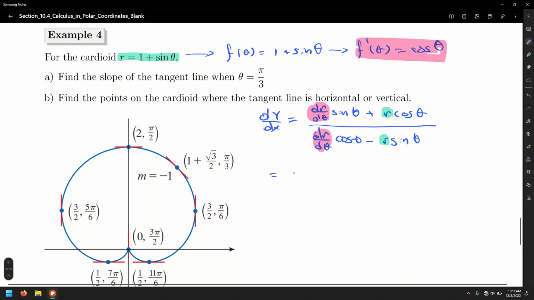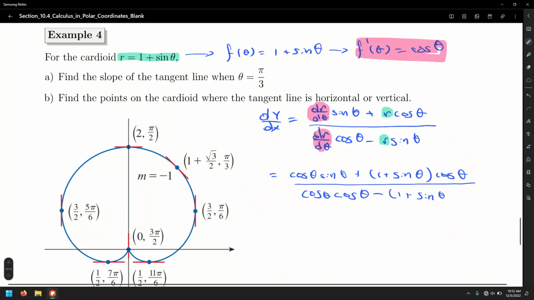So dr/d theta, that's cosine theta times sine theta, plus r, which is the quantity highlighted in green, 1 plus sine theta, times cosine theta. And then the whole thing divided by dr/d theta, which is the quantity in pink, that's cosine theta, times itself cosine theta, minus r, which is the original function, 1 plus sine theta, times sine theta in this case.